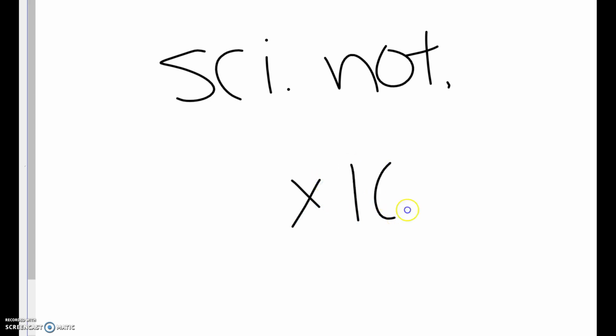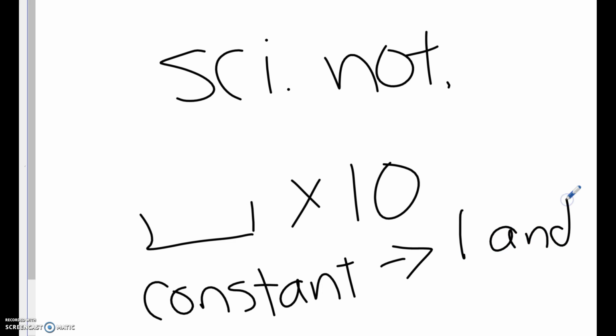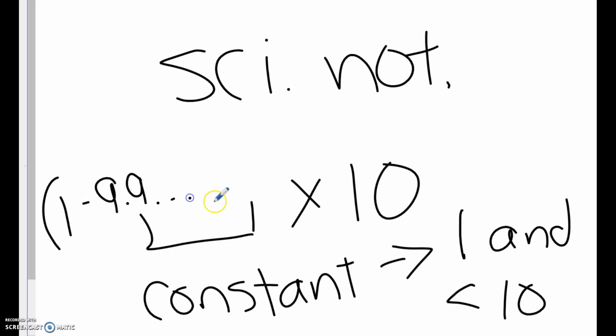It has to have a power of 10, and this number here is called your constant. Your constant has to be between 1 and less than 10. So it has to be greater than or equal to 1, but less than 10. So really, guys, it could be anywhere from 1 to 9.99999, and so on. All right, so that is important to know.